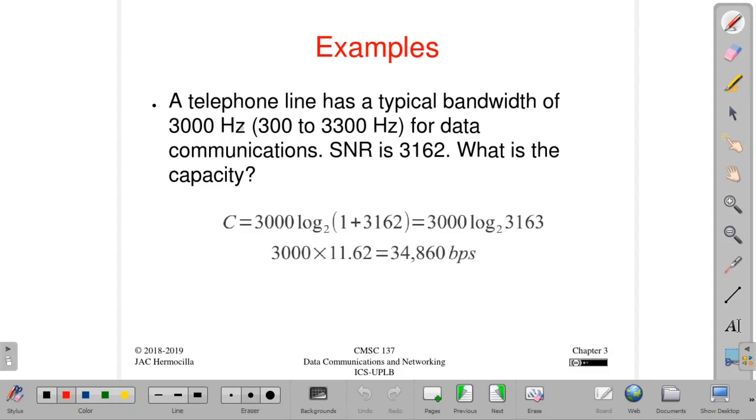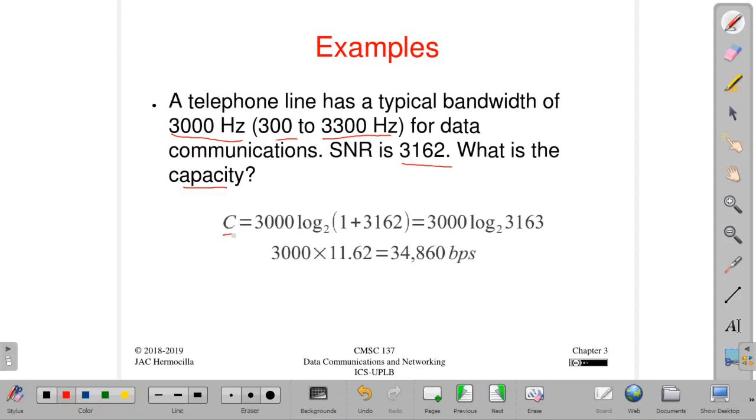Another example, we have a telephone line that has a typical bandwidth of 3000 hertz, so from 300 to 3300 hertz for data communications, and an SNR of 3162. What is the capacity?